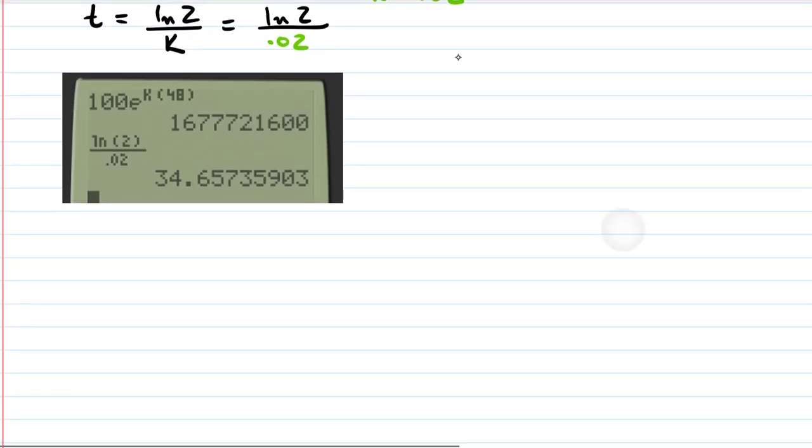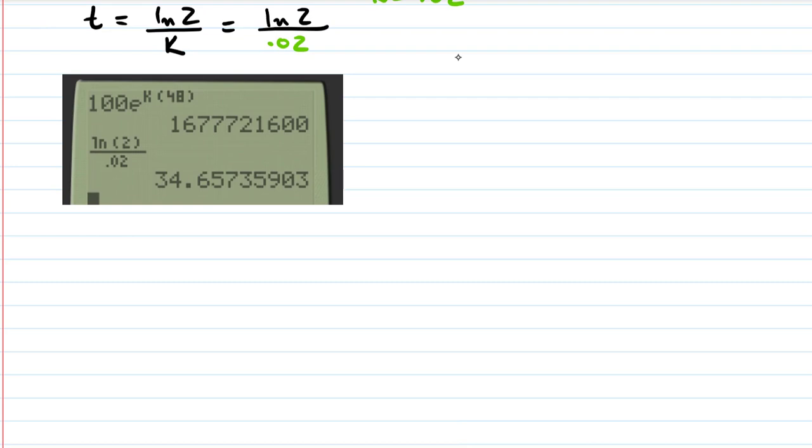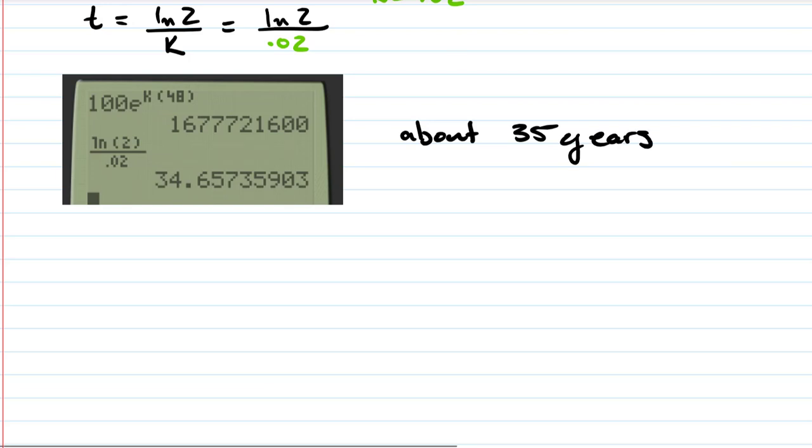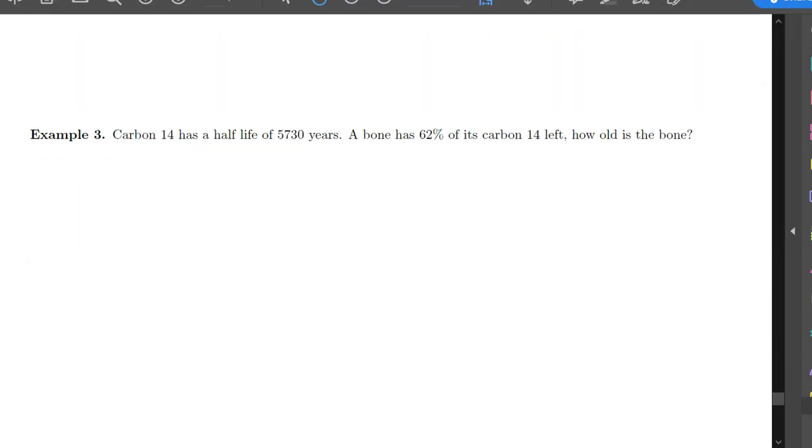So let's go ahead and say about, and this is a pretty big approximation, 35 years. So make sure you are rounding to whatever value you are asked to do so. All right, let's take a look at our next example.